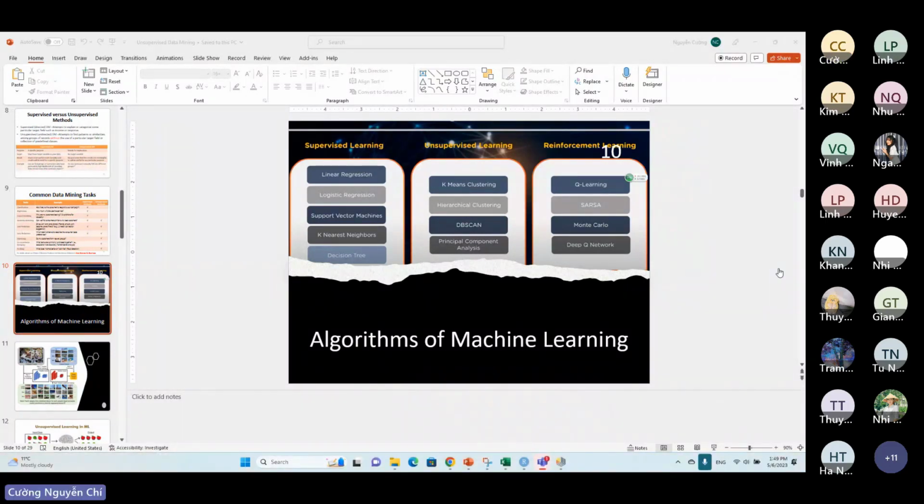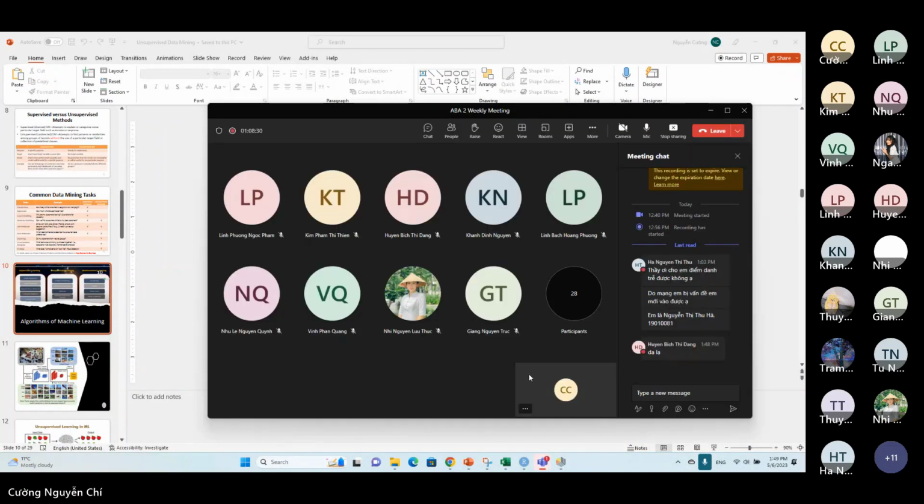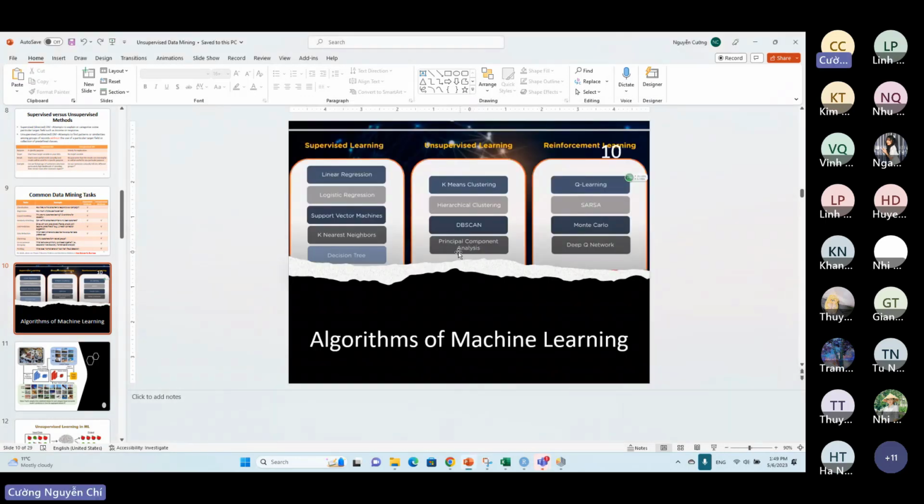Anyone? Không nhớ cái phần principal component analysis này là cái gì.